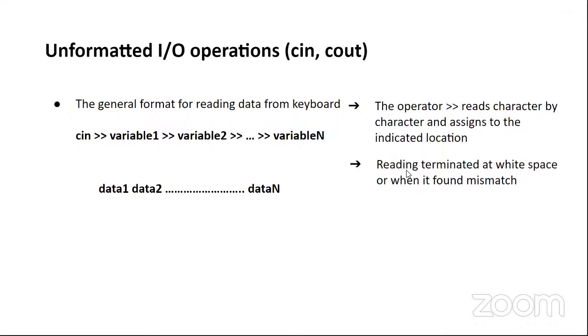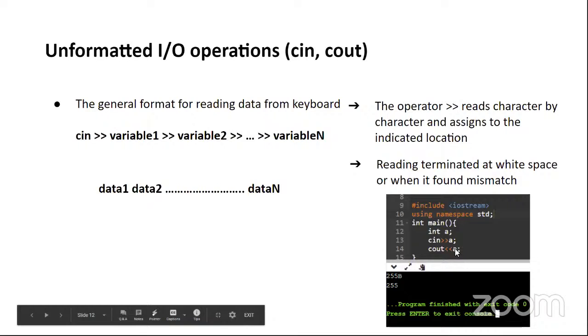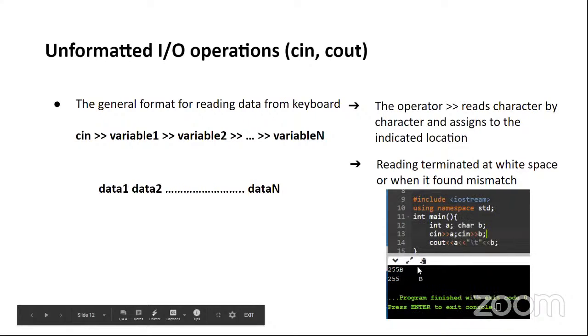Reading is terminated at white space or when it finds a mismatch. We'll see an example. int a, and if we give input to a as 255b, a will store 255, so a will contain value 255.